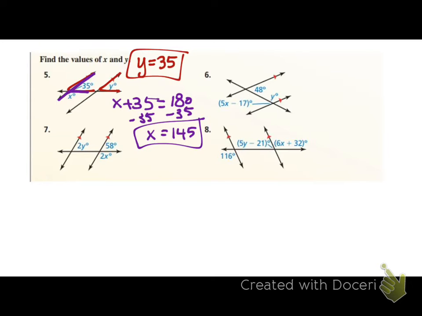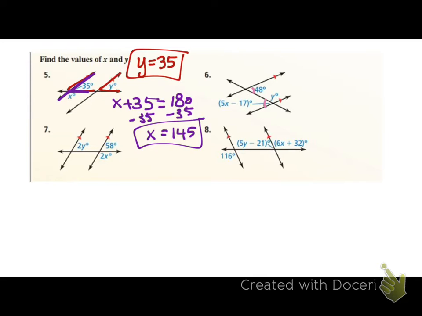Number 6, do we want to find x or y first? It doesn't matter to me. X, sure. What relationship does 5x minus 17 and 48 have? Alternate interior. What do you know about the measures of alternate interior angles? They equal each other.